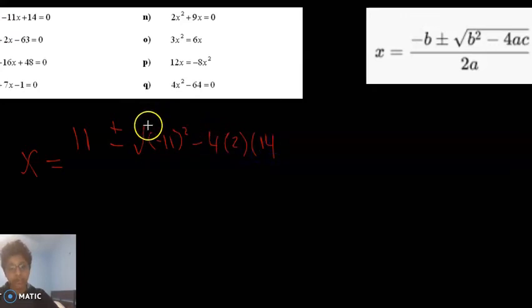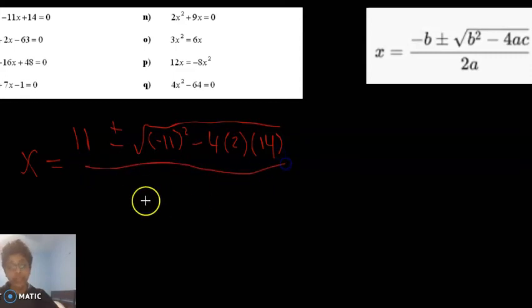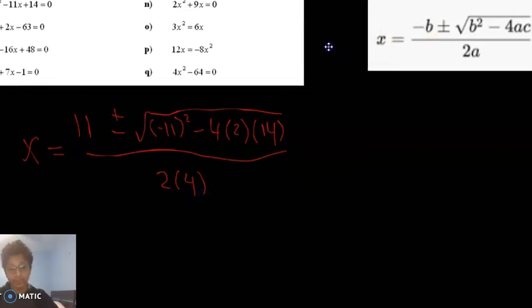Then we take the square root of all of this, and then we divide that by 2a, which is 2 times 2, and then we have substituted all the values in.